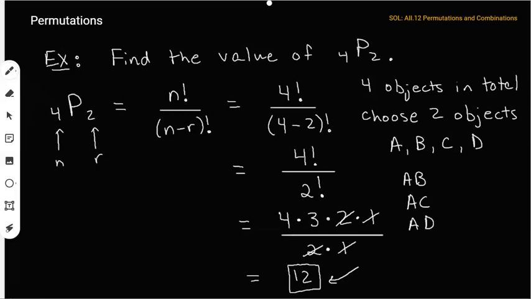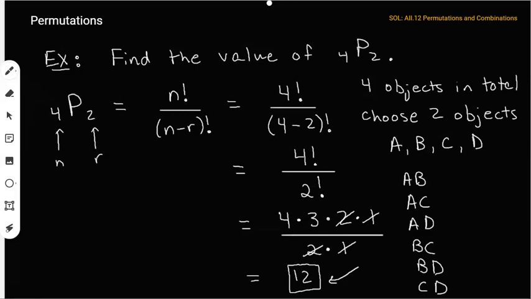And then we can choose 2 objects where B comes first, so BC and BD. Those will go together. And then another combination that I can choose would be C and D.